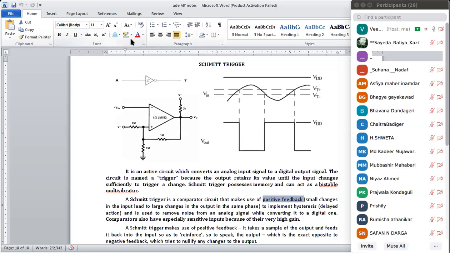So there is a very low change from minus Vt to plus Vt in this input signal, and with that very low signal change, the output is going to change in a larger amplitude.